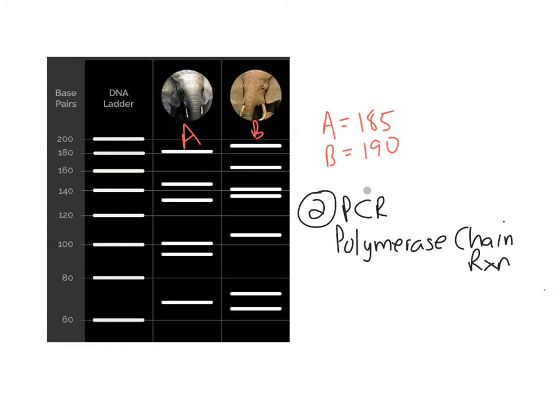But even on a crime scene, they use PCR all the time, because if you just have a little bit of DNA left on skin from a murder or a little drop of blood, that might not be enough to run a gel electrophoresis fingerprint. So they want to make a whole bunch of copies. I like to think of PCR as just a DNA copy machine.